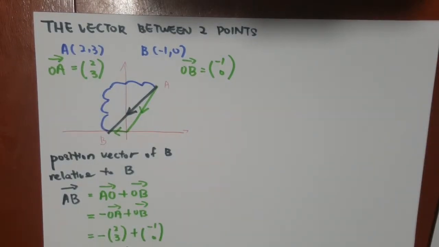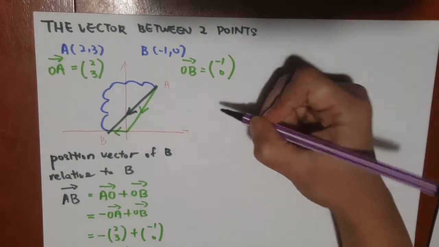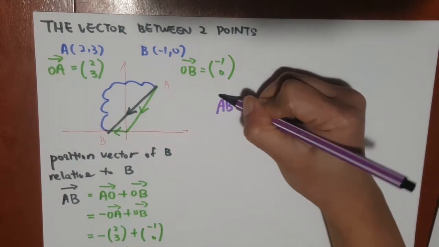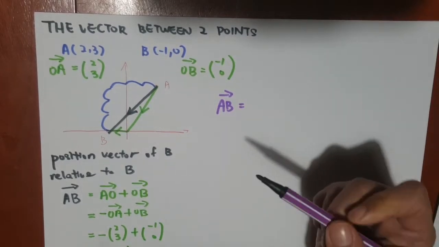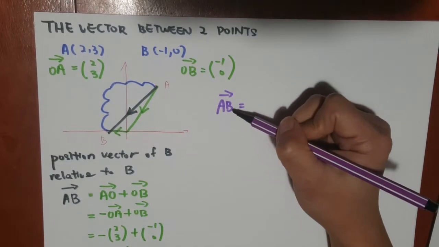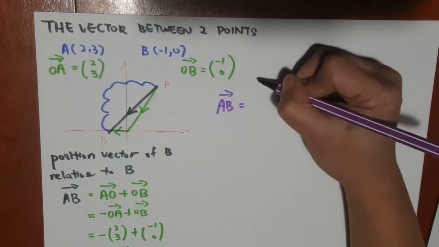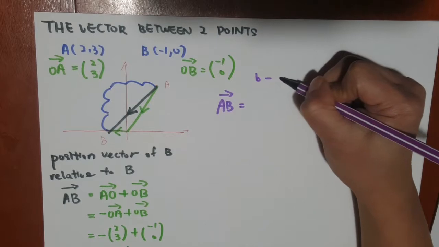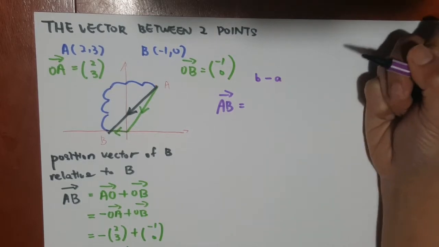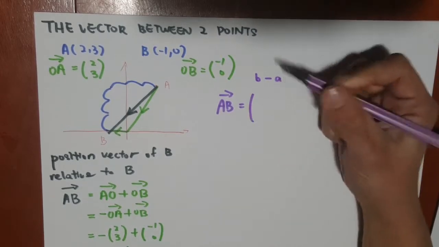There's also a shortcut to do this. If we have vector AB, it's the same thing, we're just doing a shortcut. The shortcut is we consider the B first. Let's say I write B first, and then we need to take A away from B. How do we do that?